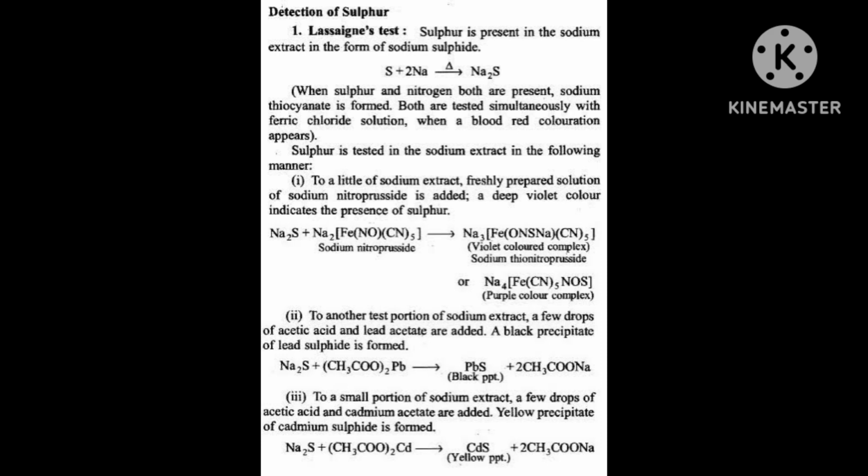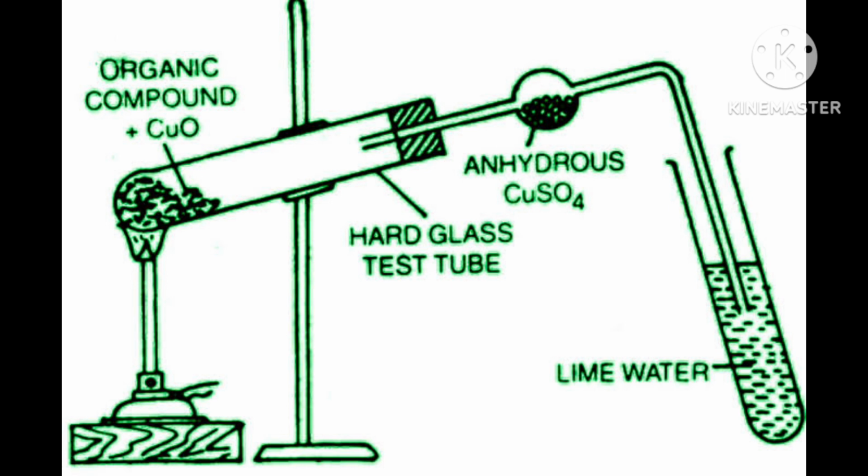The two oxygens from 2CuO go to the CO2 side and only 2Cu remains, copper. That is the first reaction, when carbon dioxide forms from carbon.